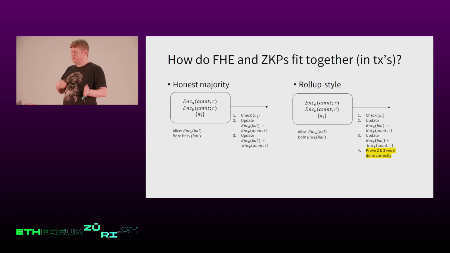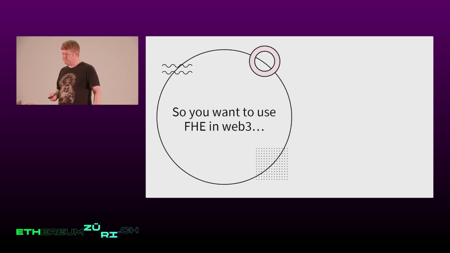But you could also turn this into a roll-up, where a validator can do everything that we just talked about, and then additionally produce another zero-knowledge proof showing that the proofs were validated correctly and the FHE computation happened correctly. This roll-up today is academically interesting, but in practice is too cost prohibitive to actually perform. So everything we're going to be talking about today, we're going to be talking about implementing things with honest majority.